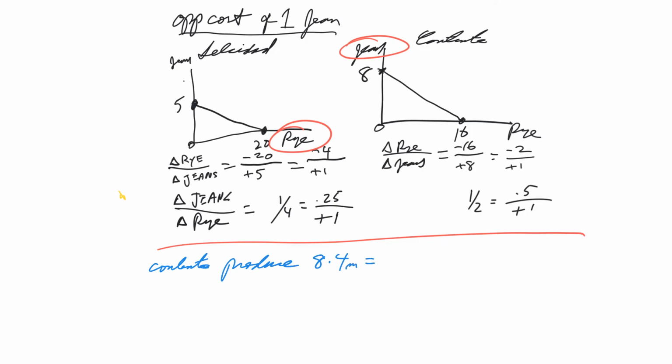So they're going to be pumping out 32 million genes. Felicidad will produce, okay, all rye. That's what they've got a comparative advantage in. So they're going to produce their 20 rye times 4 million hours of labor, and that's 80 million rye.